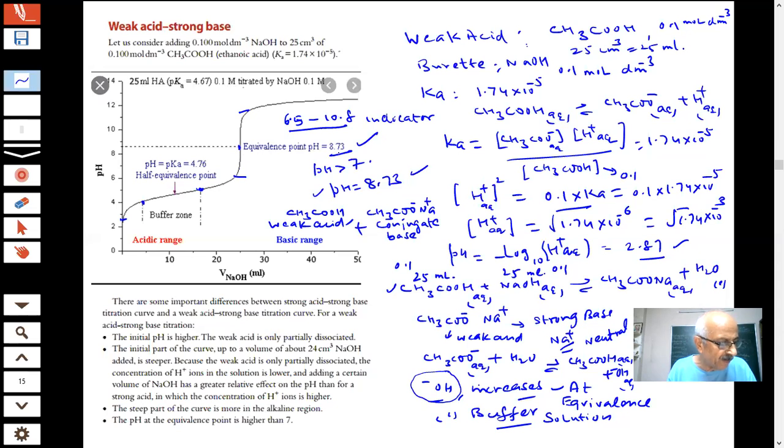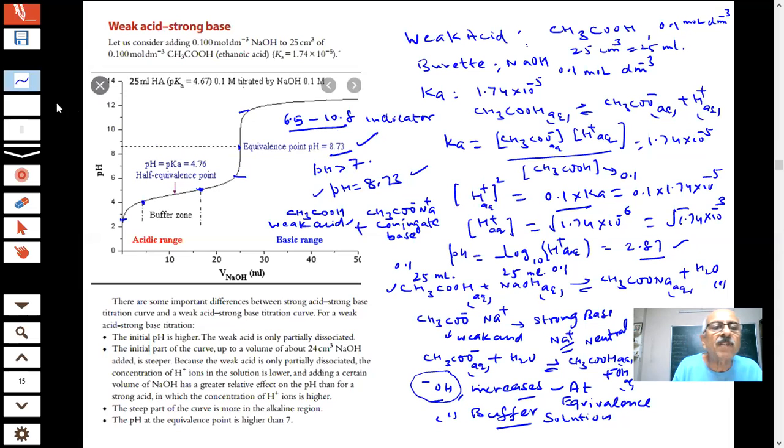We have a list of what types of indicators are used in such cases. Even phenolphthalein can be used because it changes color around 8.72. Phenolphthalein goes from colorless to pink, or there is thymol blue also. We will see there is a list which can be used.